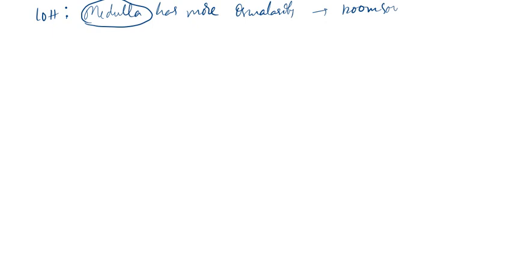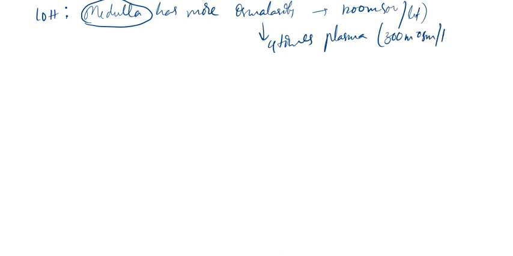That is something like 4 times the plasma osmolarity. How much is the plasma osmolarity? 300 milliosmoles per liter.